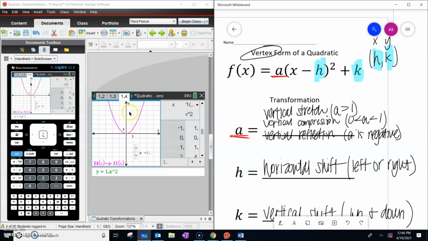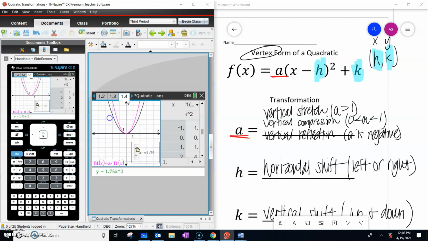As you see right now, looking at the graph on the left side of the screen, I have an equation, and this is my parent function, f of x equals x squared, that original function. If I have an a value that's greater than 1, notice what my graph is doing. You should notice that it's getting more narrow or thinner.